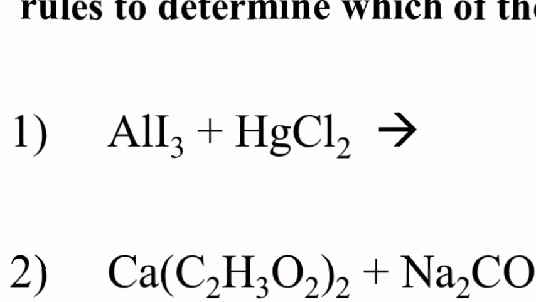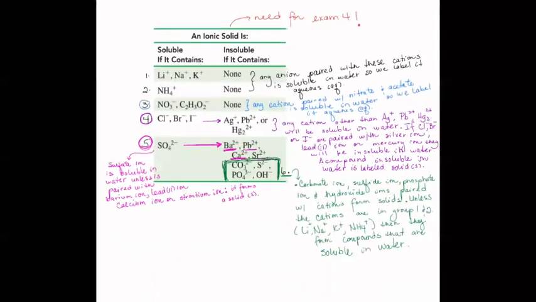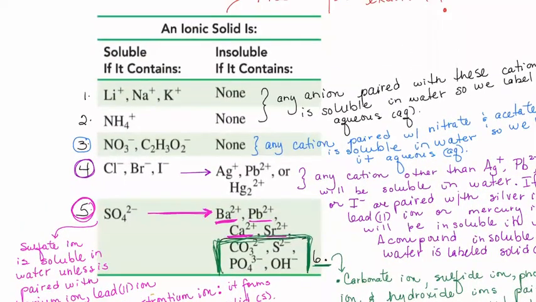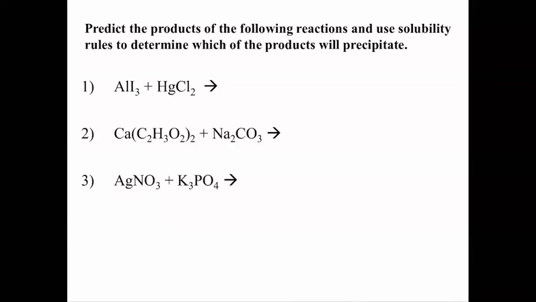I'm going to walk you guys through the first one. As you can see here, we have AlI3, okay? If I go to my solubility rules, because AlI3 is iodine paired with a cation that is not silver, lead, or mercury, that means that AlI3 is aqueous.